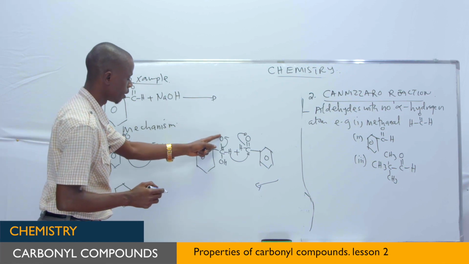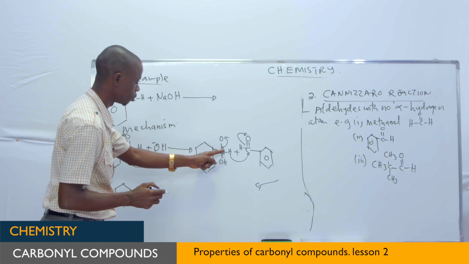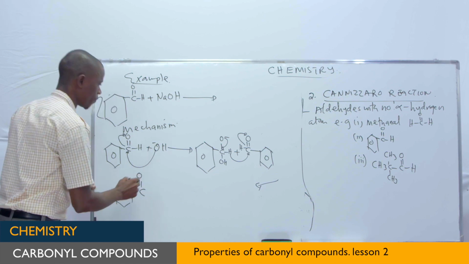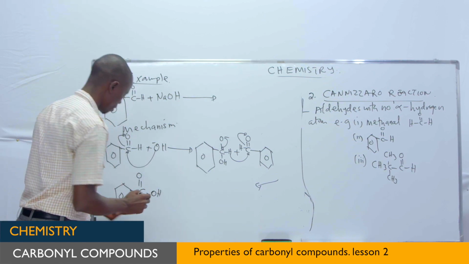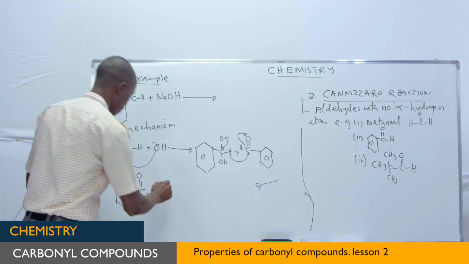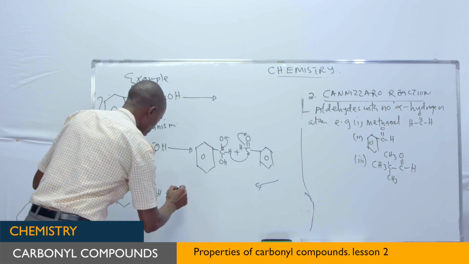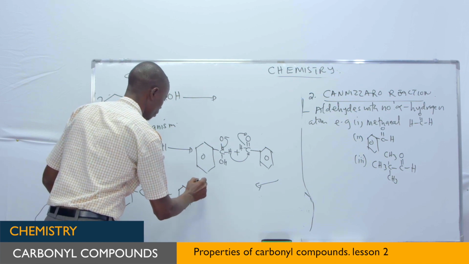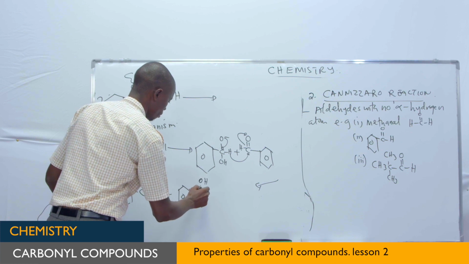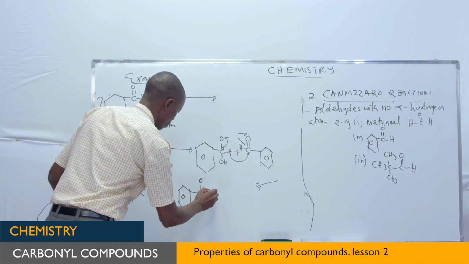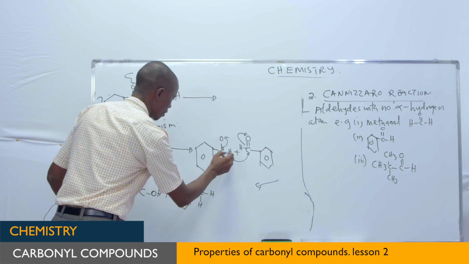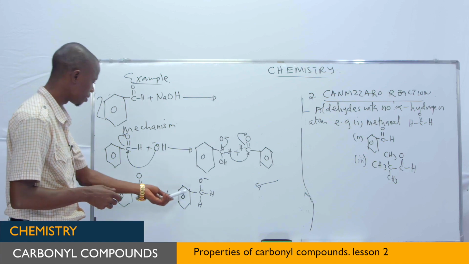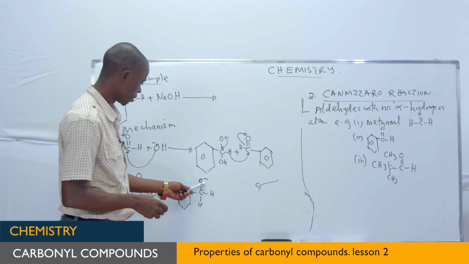When this electron comes back to the carbon, there will be a formation of a double bond. So this is the carboxylic acid which is formed, and this compound will be as follows. And this proton here. So this is negatively charged. The reaction is not yet complete.